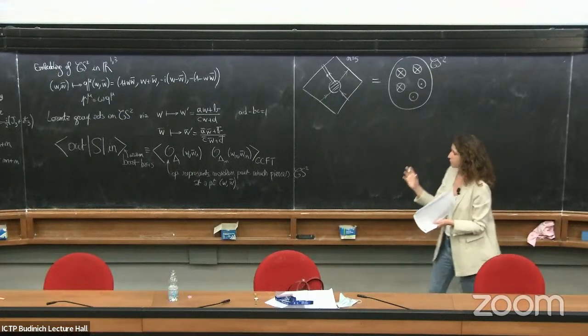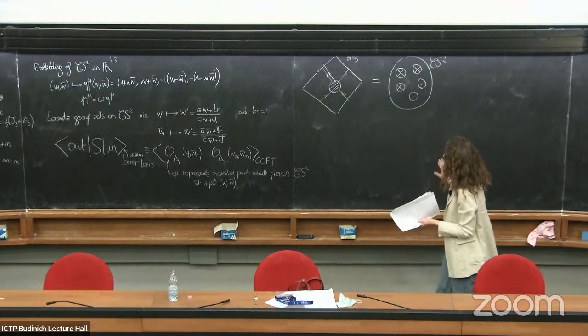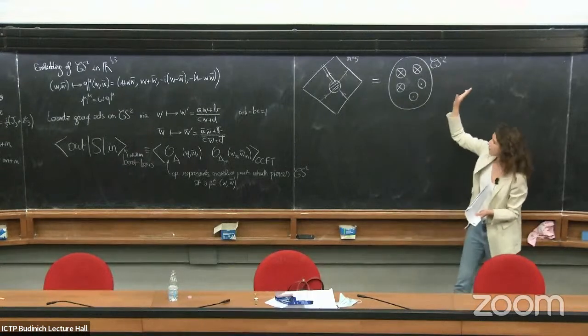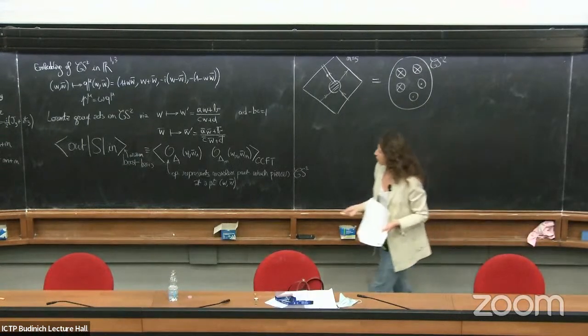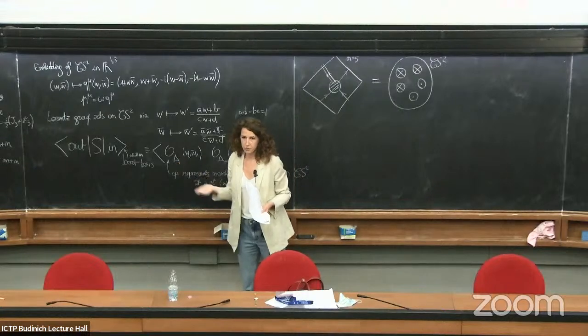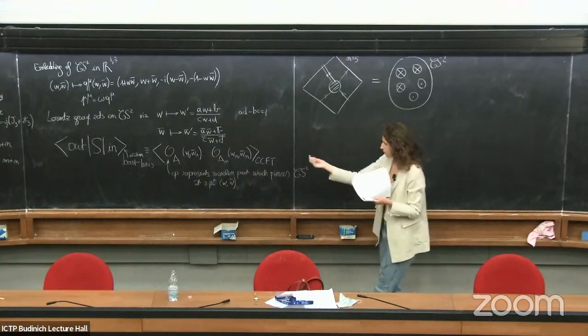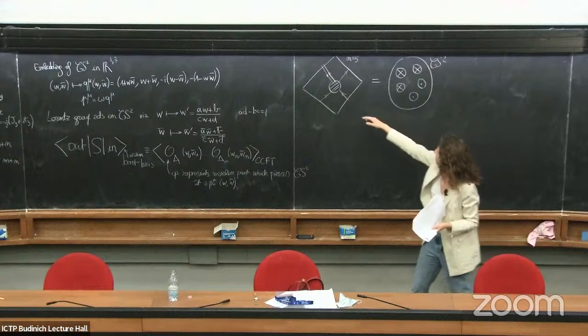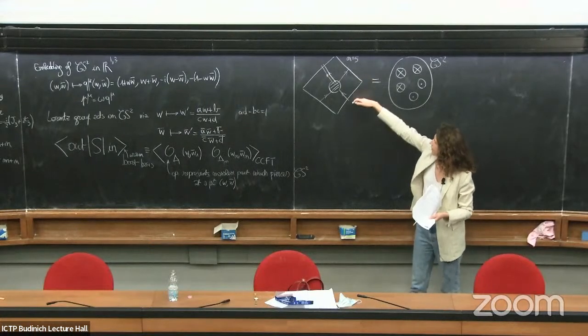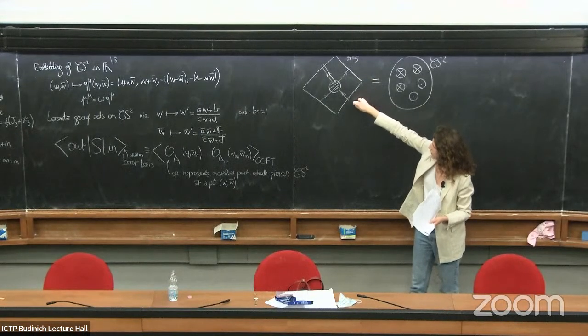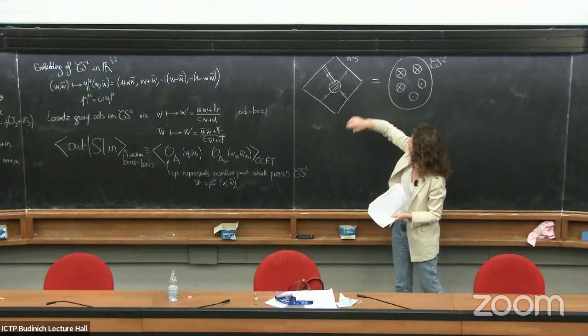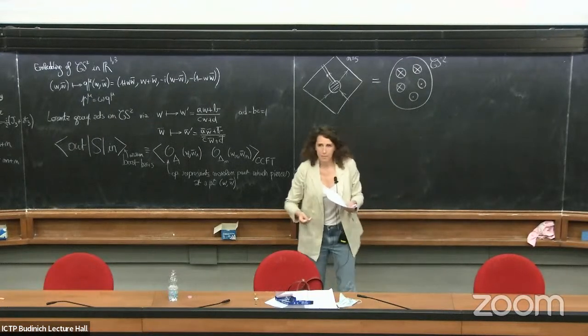So the main message is that there is only one celestial sphere, and we will have insertions of operators which represent the creation of a massless particle coming from the past at a given point on the sphere, W bar, and we have n of them in principle.